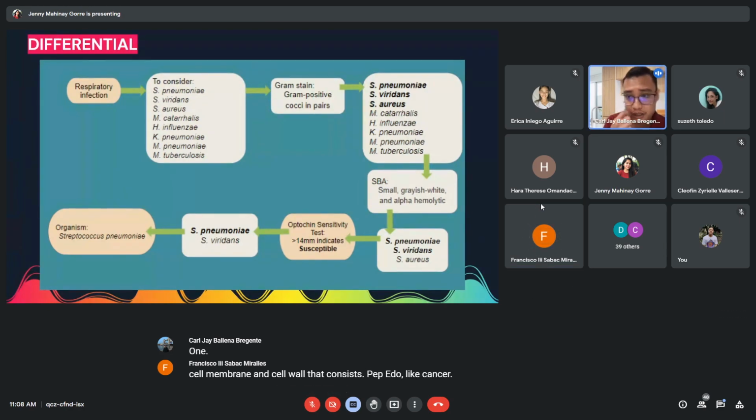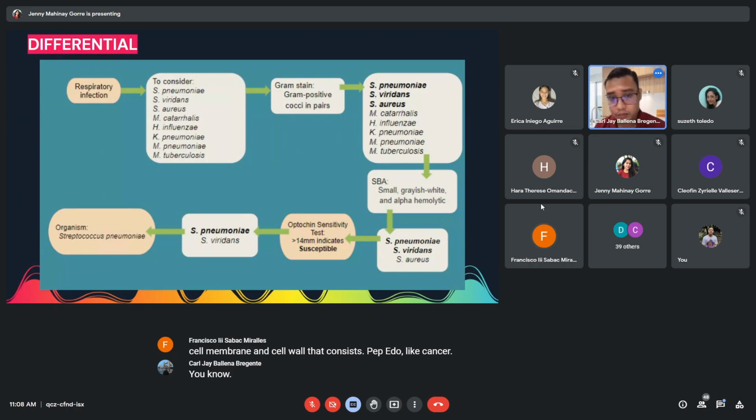How about azithromycin? Inhibits protein synthesis, sir. Which protein, or which ribosome specifically? It binds to which ribosome?